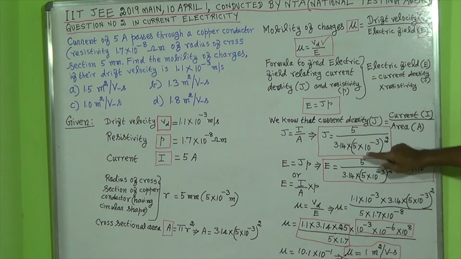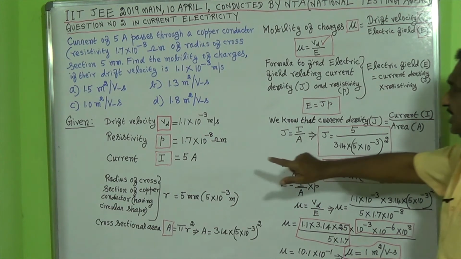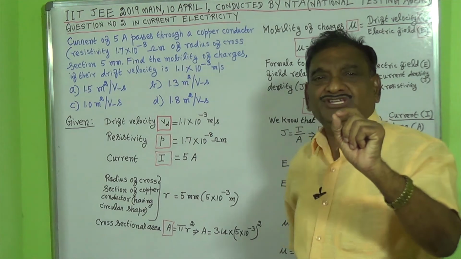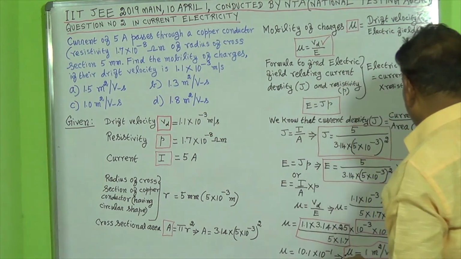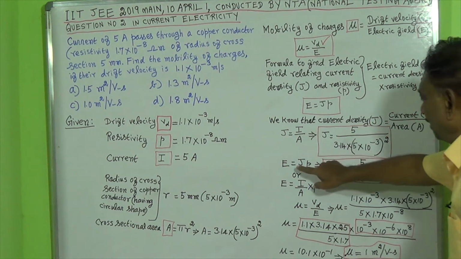So we can substitute the current density. And we can also substitute the resistivity. The resistivity is supplied as 1.7 into 10 to the power of minus 8 ohm meter. So if we substitute, we will get the equation for electric field.